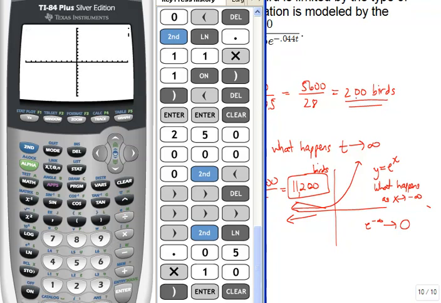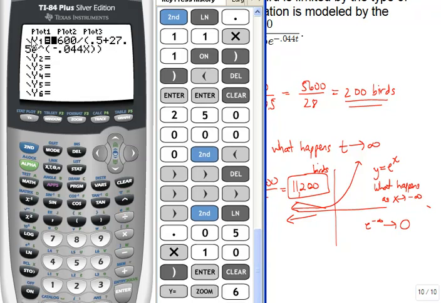Because remember what our initial population was? Our initial population of birds was 200 birds. And this is a window that's negative 10 to 10 for both x's and y's. We also saw that the limiting value of this population was 11,200. So our population is going to get as big as 11,000. And in our function that we typed into our y equals, the population is this y value. So we need our y's to be at least as big as 11,200, otherwise we're not going to see anything.